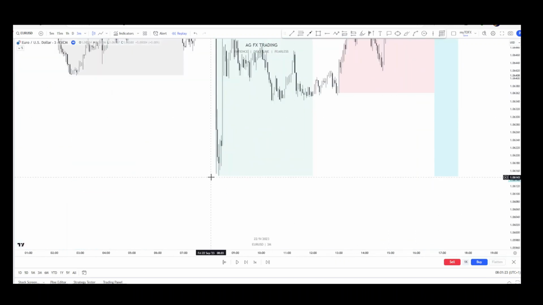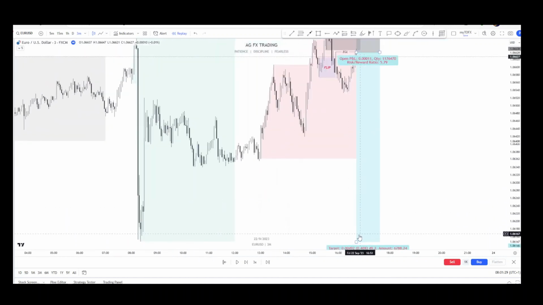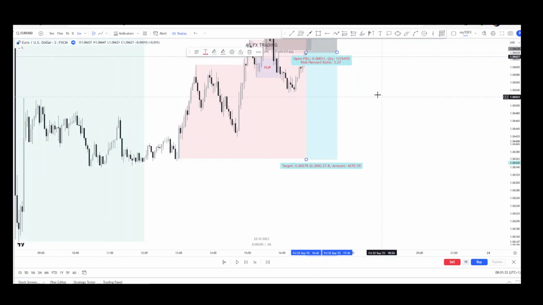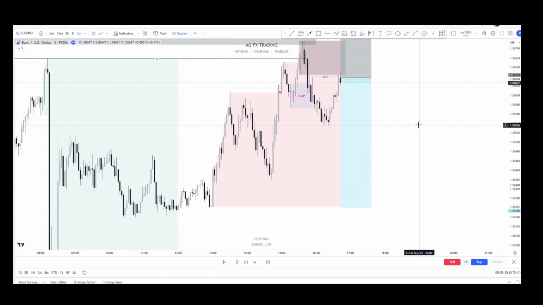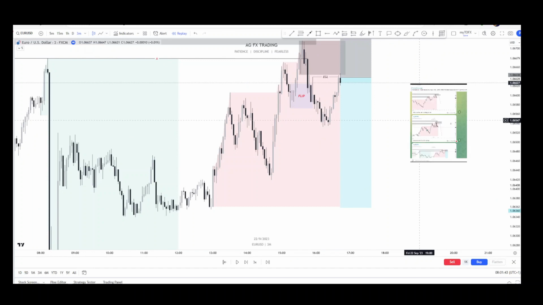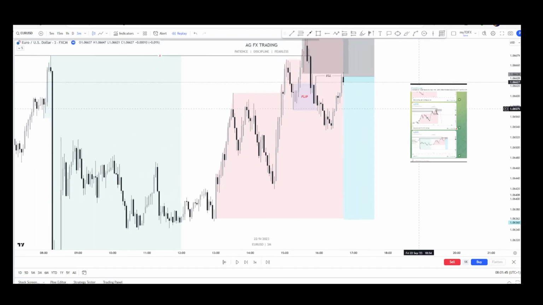If we can't get to this low before the close of New York, then at least we can take this low here. All these ideas, I send to my group in the Telegram channel. You can check in the bio, and it's free. I throw phase there. You can check it out and join.